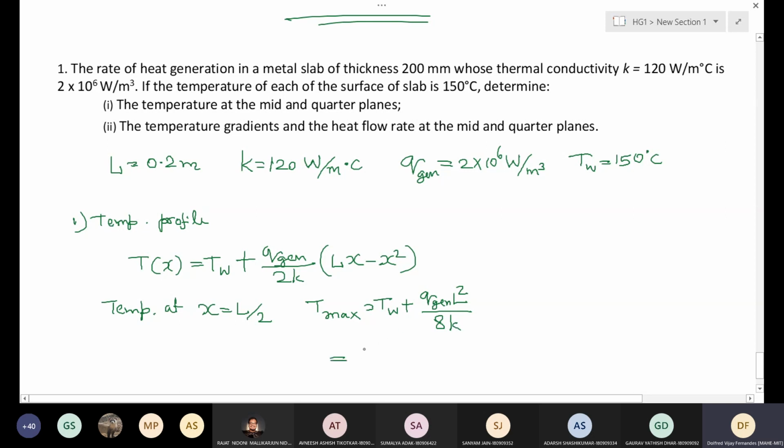Substitute and tell me what this is. Maximum temperature is 150 T wall plus 2 into 10 to the power 6 Q generation, the thickness of the wall 0.2 meter squared, divided by 8 into thermal conductivity 120.